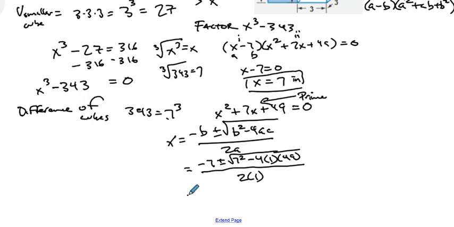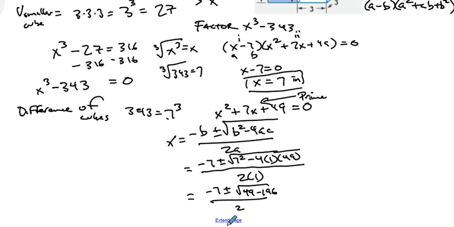All right, so let's keep rolling with this here. So this is going to give me negative 7 plus and minus the square root of 49 minus whatever 4 times 49 is, which is, well, 4 times 50 is 200. So 4 times 49 would be 196, all over 2.